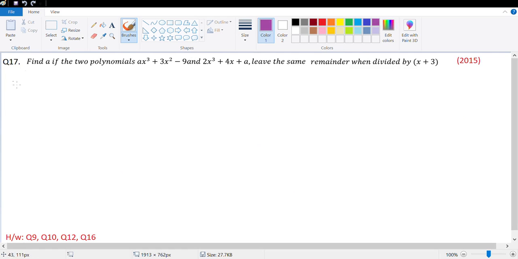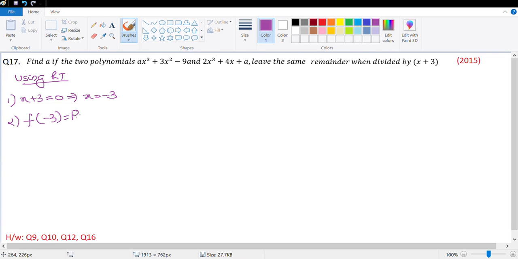So a similar question using remainder theorem. When x plus 3 is equal to 0, which means x is equal to negative 3, the value of the first polynomial when x is equal to negative 3 is the remainder.